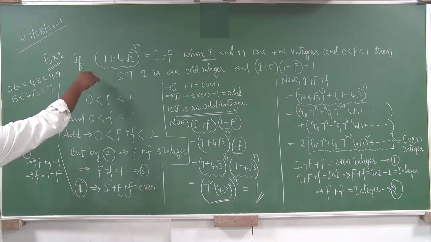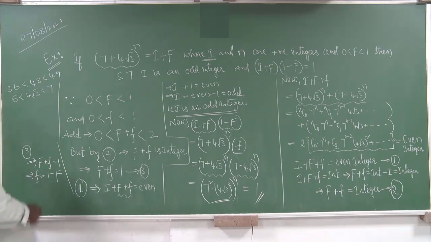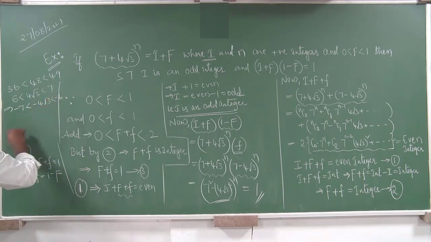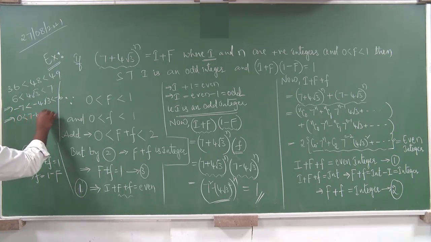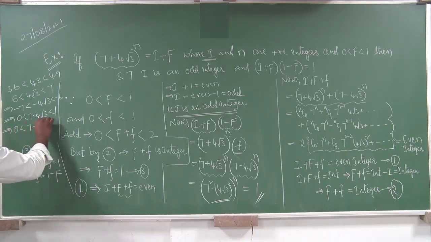My requirement is 7 minus 4√3, so minus 7 is less than minus 4√3, which is less than minus 6. Add 7: 0 is less than 7 minus 4√3, which is less than 1. If you take any value between 0 and 1 and raise it to any power, the obtained value also lies between 0 and 1 only. So 0 is less than (7 − 4√3)^n, which is less than 1.